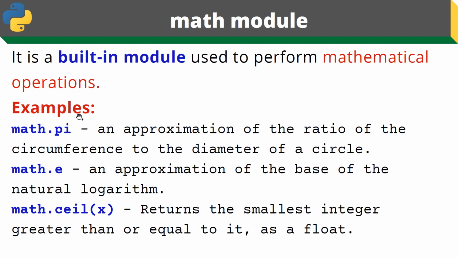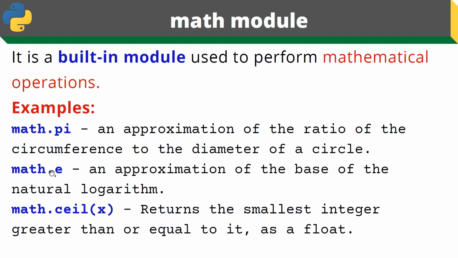All these are derived from the built-in math module. math.pi is an approximation of the ratio of the circumference to the diameter of a circle, that is the pi value.